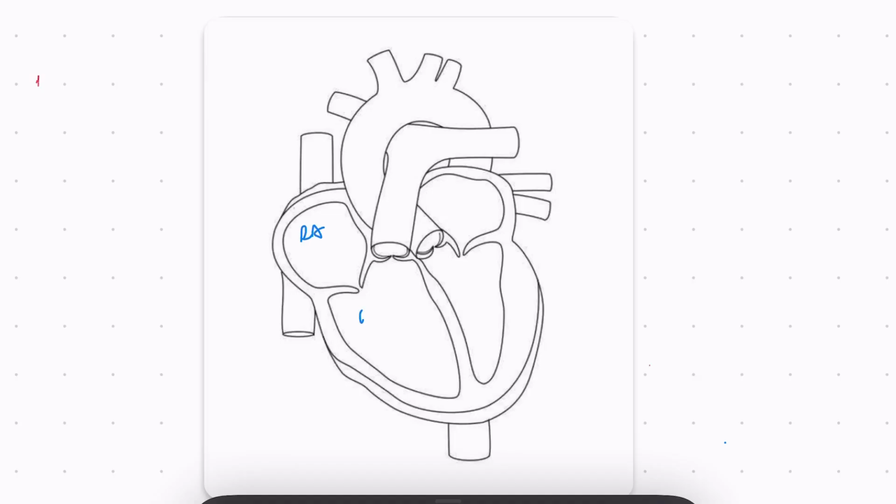This is the right atrium, right ventricle, left atrium, left ventricle. So in positive pressure ventilation, thoracic pressure is increased. And what happens is that venous return decreases.